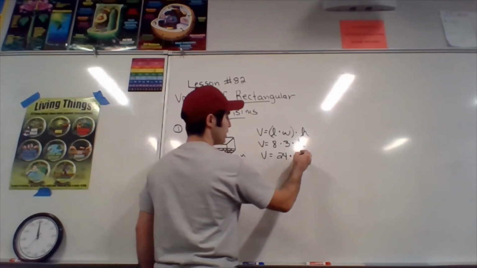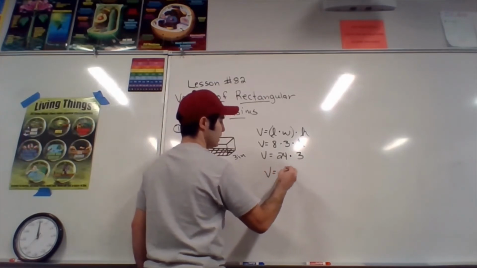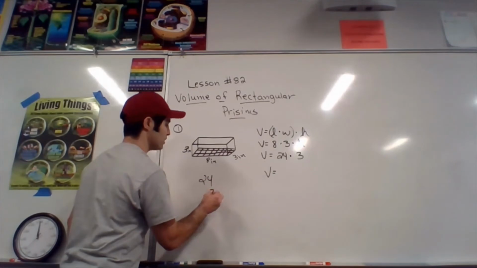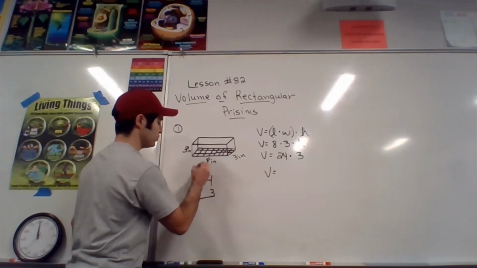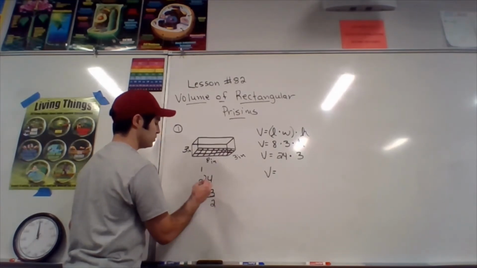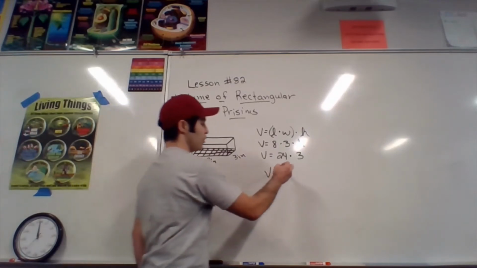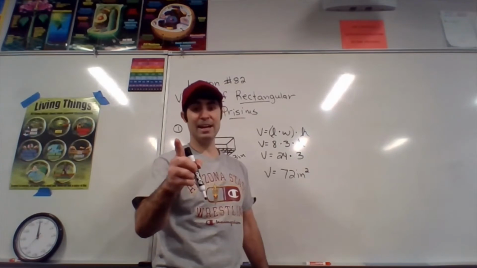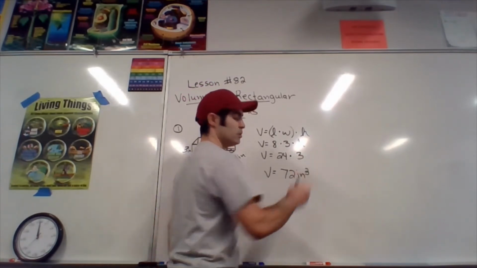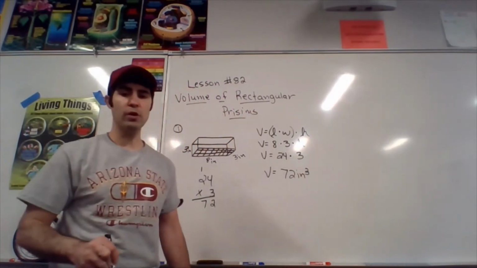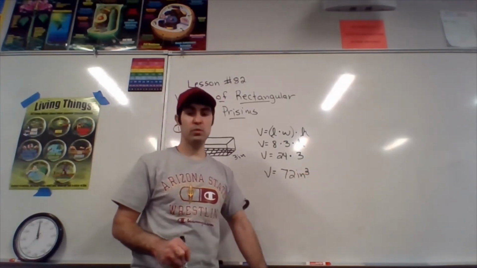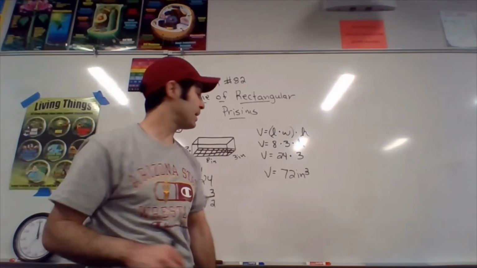So you take 24 times 3, and don't be afraid to do scratch work if you need to. 3 times 4 is 12, carry the 1. 3 times 2 is 6, plus 1 is 7. So the volume will be 72 inches cubed. Okay, whenever you're doing volume, your unit of measurement is cubed, which is to the 3rd power. Okay?